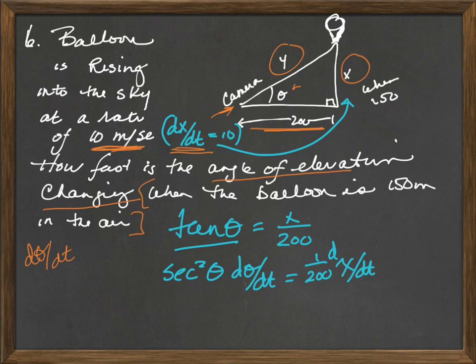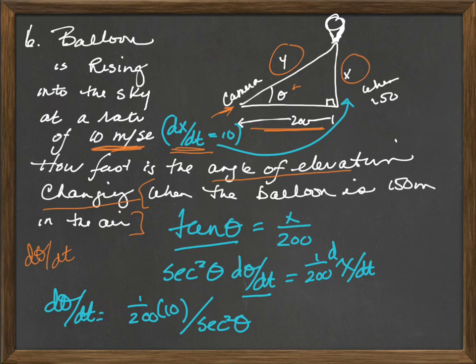Just x prime, right? So dx dt. And I want d theta dt. So d theta dt is equal to 1 over 200, and then dx dt they gave us was 10, so times 10, divided by secant squared of theta.